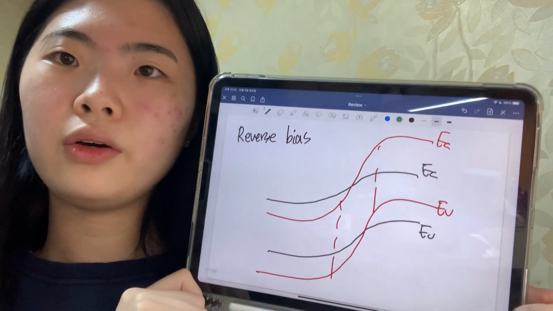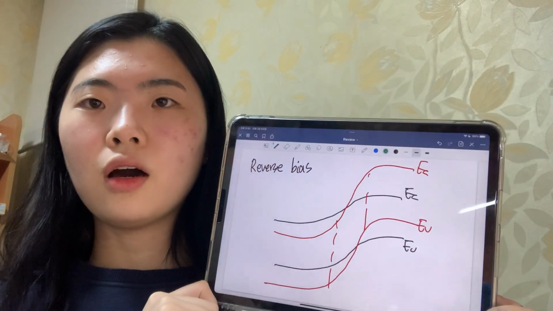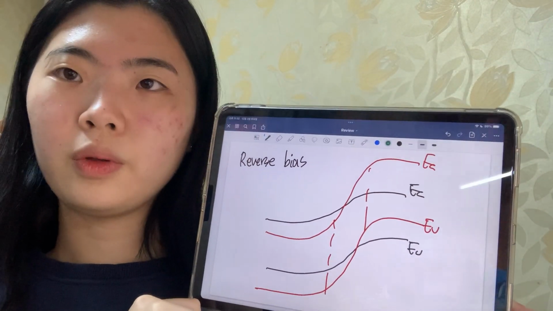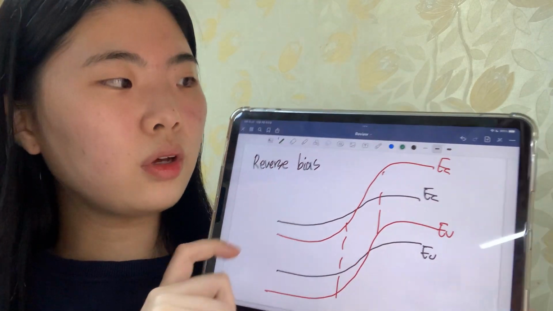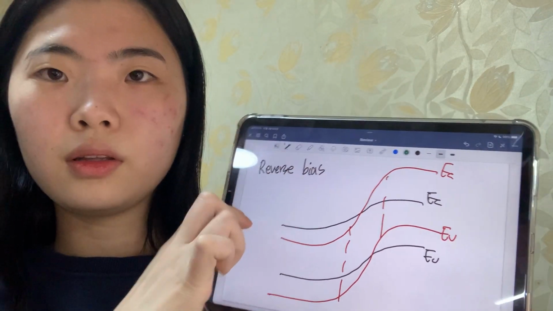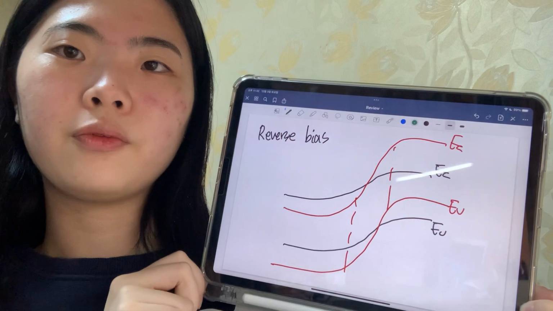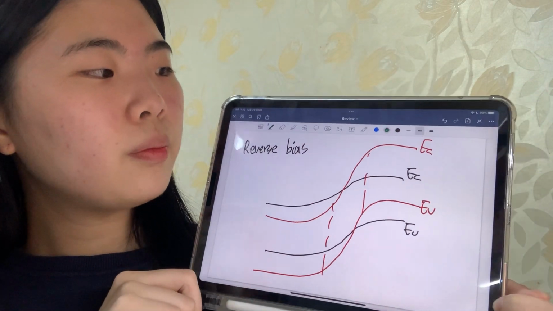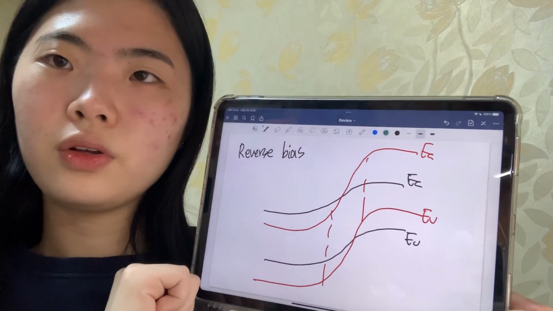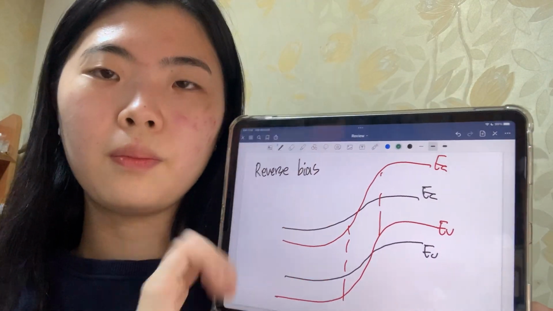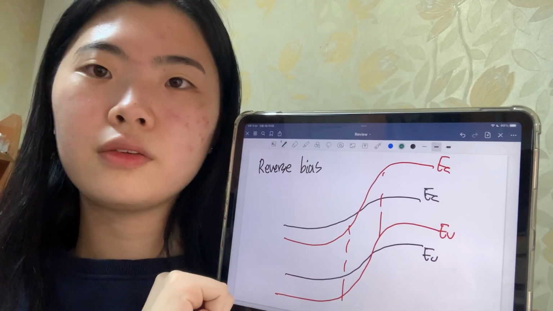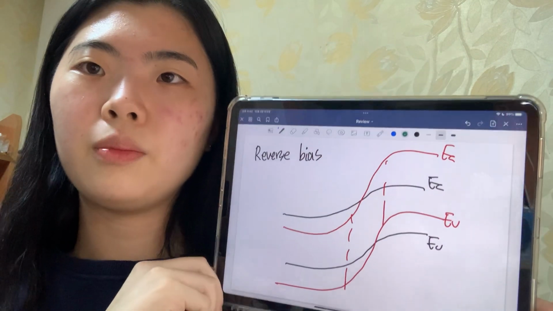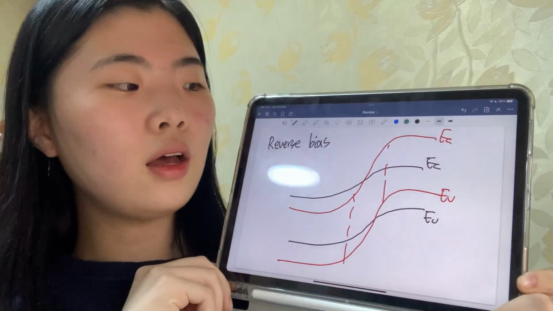Then let's talk about reverse bias. When we apply reverse bias, the built-in potential will be bigger. The red line graph shows the result after we apply reverse bias. The built-in potential will be bigger, so the barrier will be higher. So electrons and carriers cannot move easily to the other side.